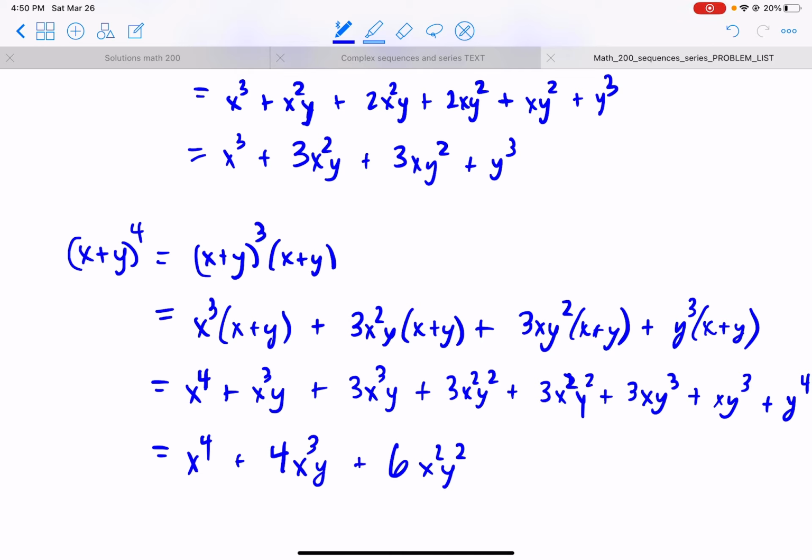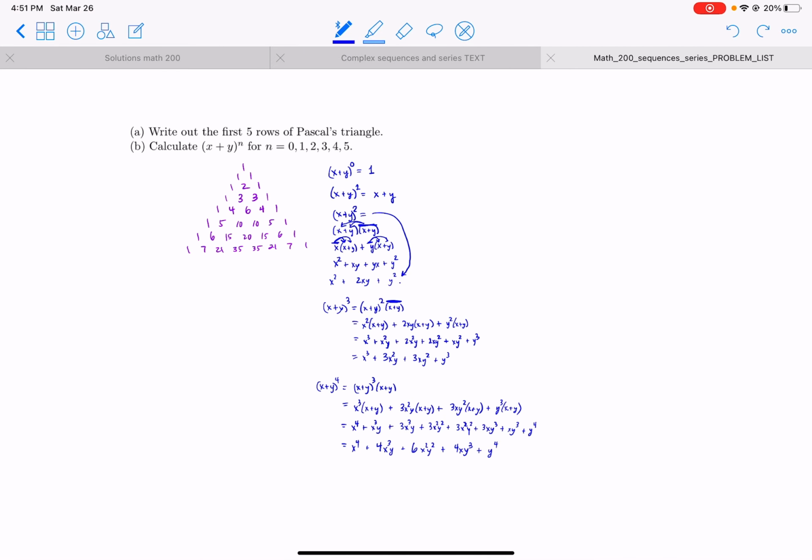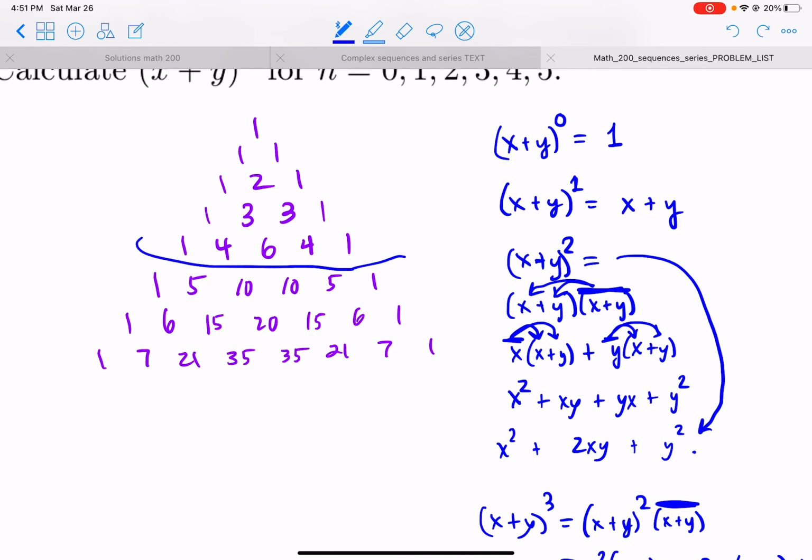I have 6 of them from the 3 plus 3. And then 3 plus 1 is going to give me 4 of the x y to the third, and I have only 1 y to the fourth. 3 plus 1 was 4, 3 plus 3 is 6, 1 plus 3 is 4, and that is exactly what we were seeing in Pascal's triangle.